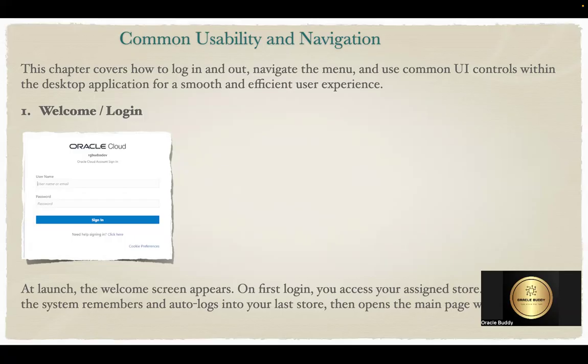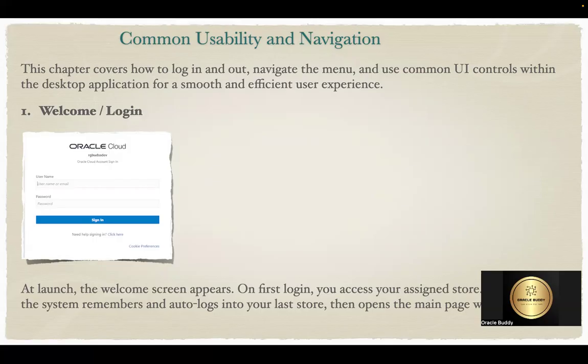So let me explain how we log in. Once you have the URL provided by Oracle SIOCS, you can go to a web browser and enter the web URL. Once you hit the web URL, you will get a login page like this. Here you will have a username and password.